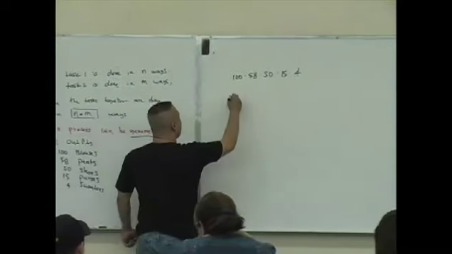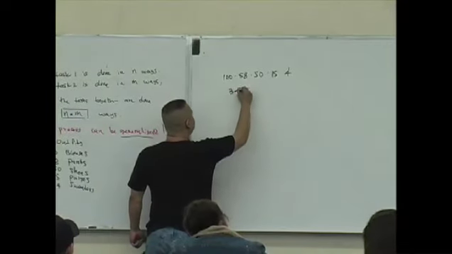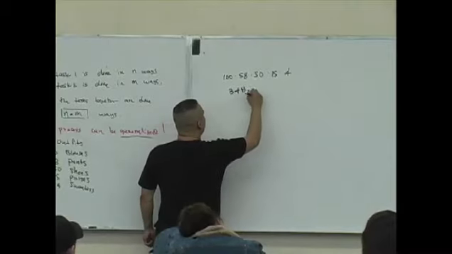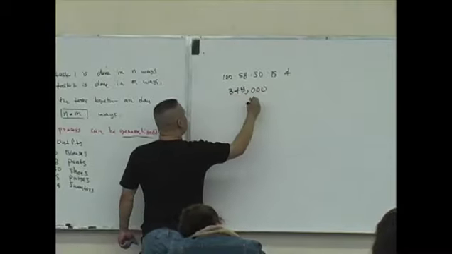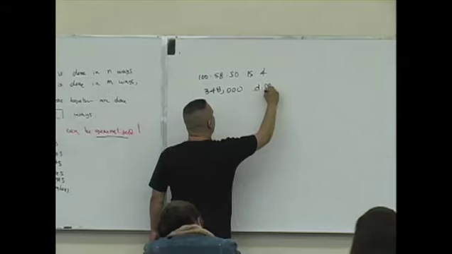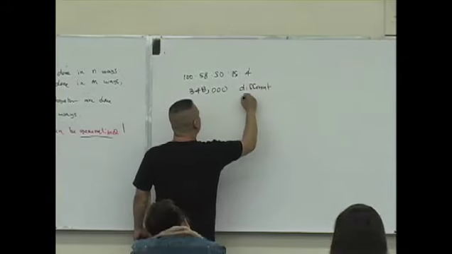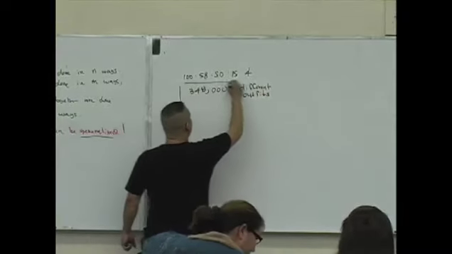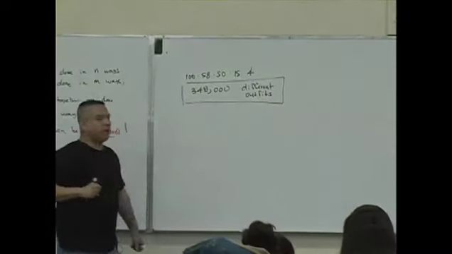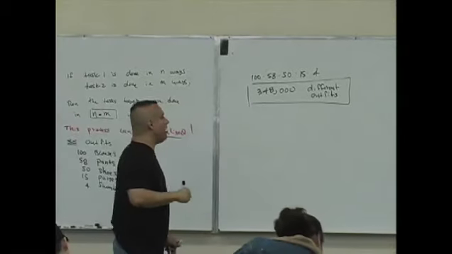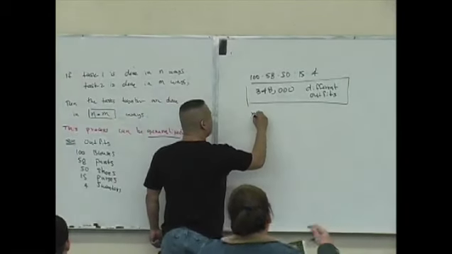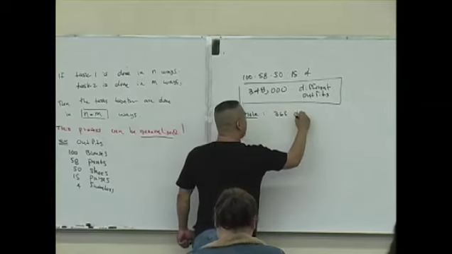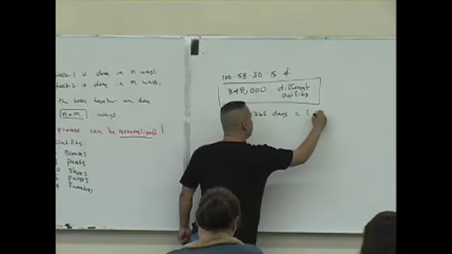How many outfits are possible under this scenario? 348,000. So there's 348,000 different outfits.